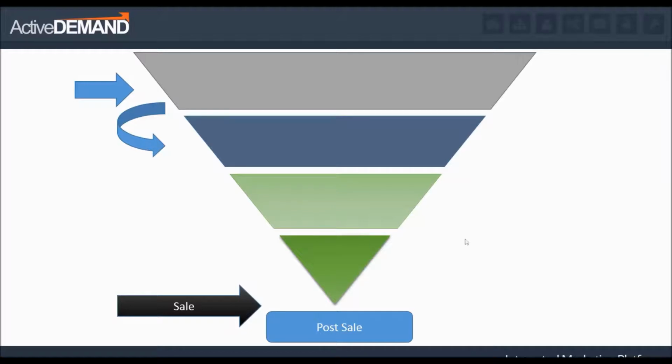Or, and don't forget this, somebody could be entering at the top and be a lot closer to buying than you give them credit for. So you need to query and find out. If, as part of the dialogue in the nurture campaign, you find out that they're ready to buy, then it's really about accelerating.